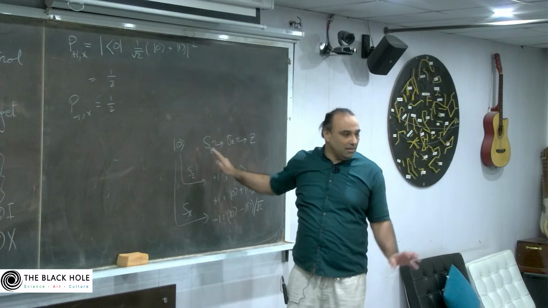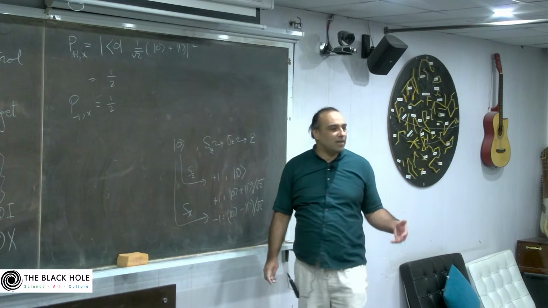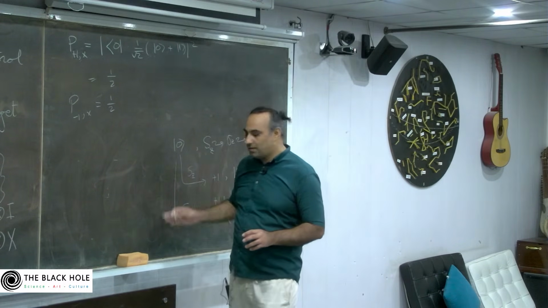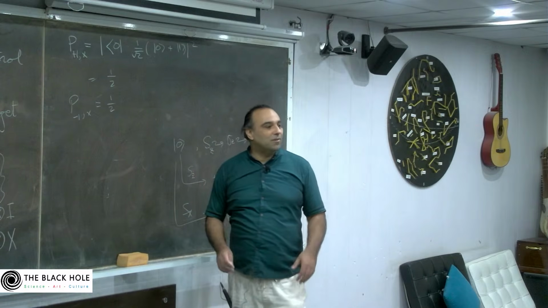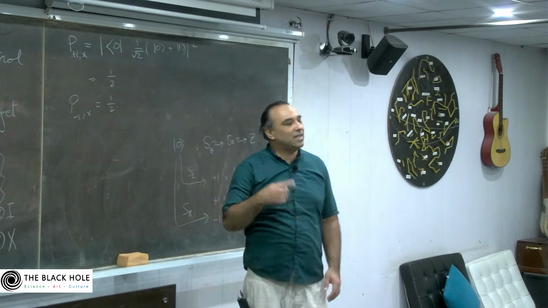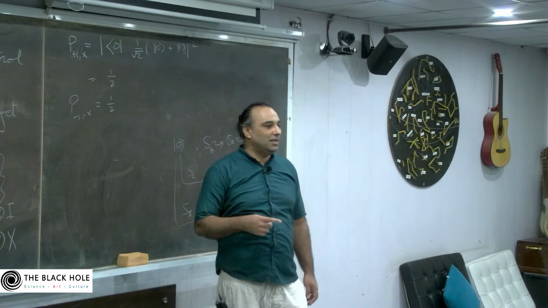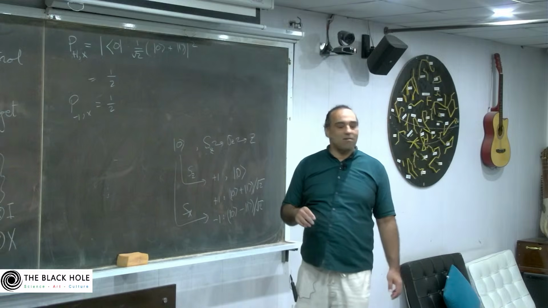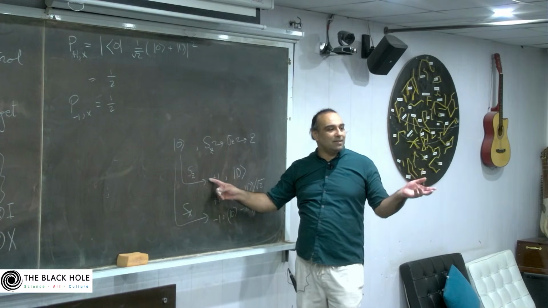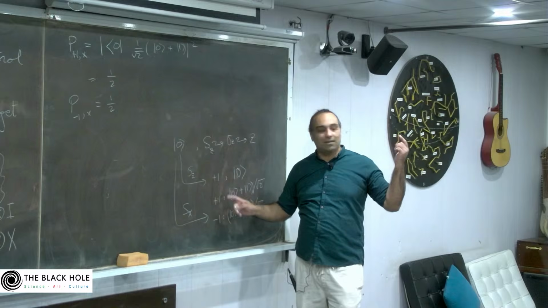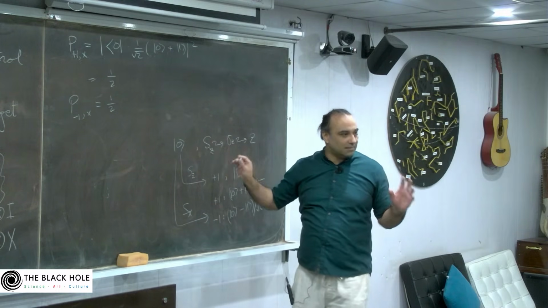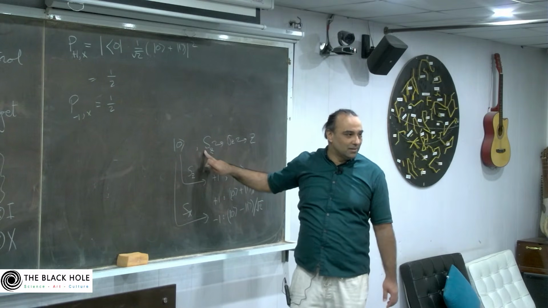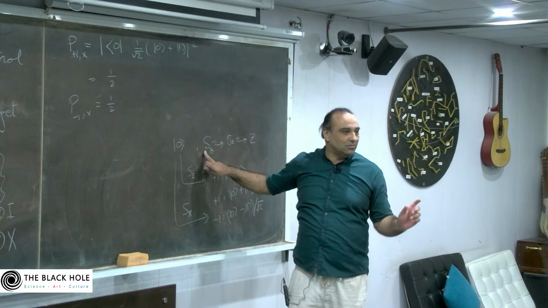you measure SX or SY or some other direction as well. But the good thing is that this can be avoided by performing some other operations. With time evolution, you perform some operation and then measure SZ, and then you can know what you would have gotten if you had measured SX.